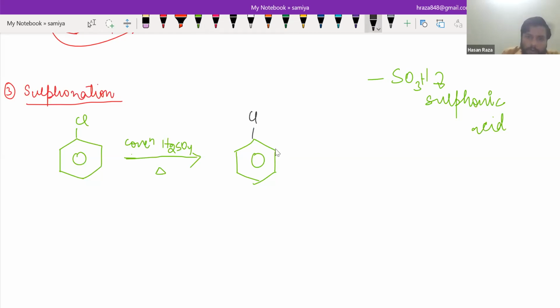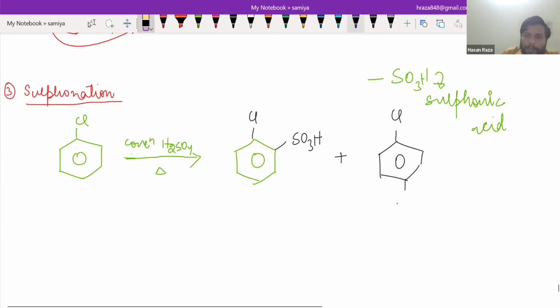So chlorine will be here and SO3H will be here. And again, chlorine and SO3H. And what will be the name? This SO3H is a functional group, so we are going to give preference to this functional group at position 1.